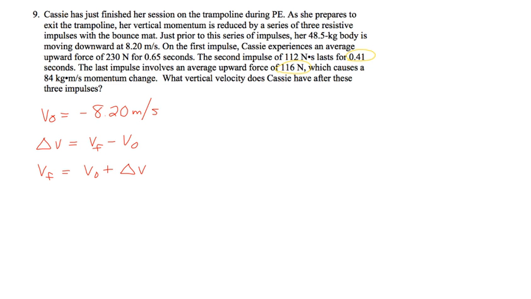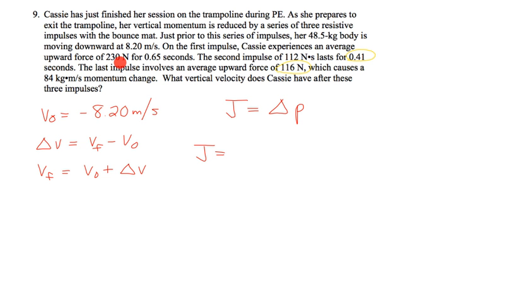Now the main formula that we have is that impulse equals change in momentum. And there's 3 impulses. Let's figure that out first. If I look at the problem, on the first impulse, Cassie experiences an average upward force of 230 newtons for 0.65 seconds.